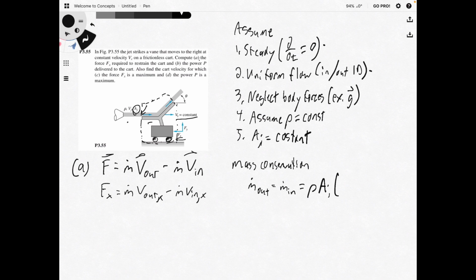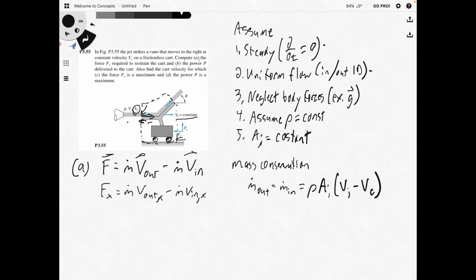We have our jet velocity coming in at this control surface, and we're going to have to subtract the velocity of the cart from that. And so this is going to be rho times Aj times Vj minus Vc. So that's our m dot in, and we know that's equal to our m dot out.